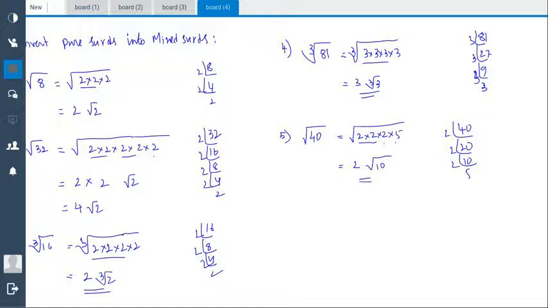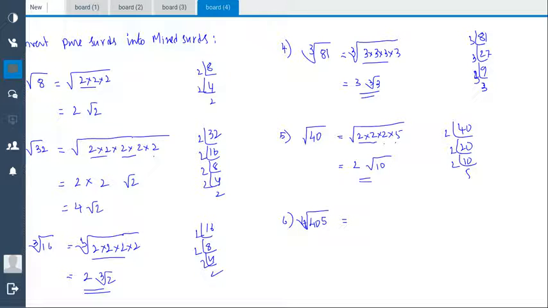So I'll be doing one more question. Otherwise, fourth root I will write.